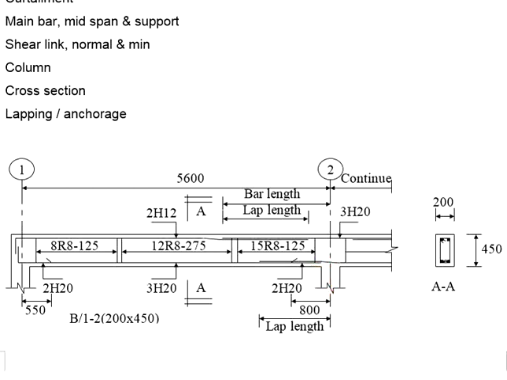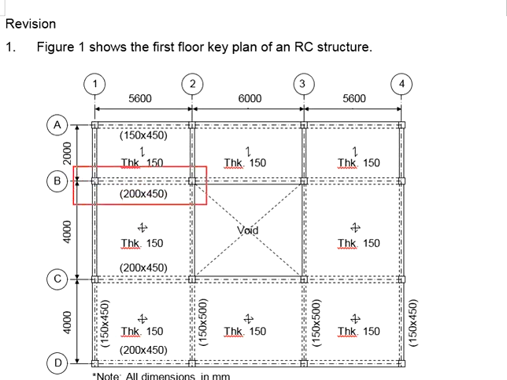Now, if the grid line is at the edge of the column, it is at which edge? Is the column arranged in this manner or arranged in this manner? To know this, you will have to refer to the structural key plan. From the structural key plan here, the grid line will be at the center of the column.